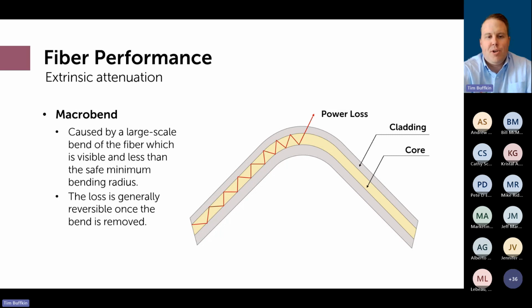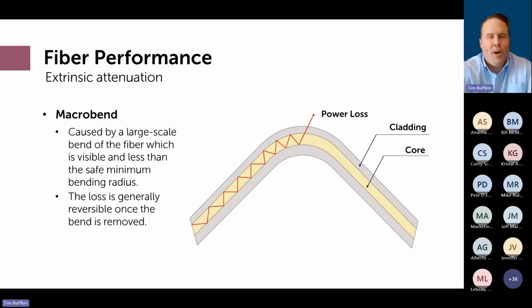The loss here is generally reversible once the bend is removed, but as you can see from the diagram, if you bend that fiber tight enough, you increase the angle at which the light is hitting the cladding, and then the light can no longer refract and bend back into the core, and it escapes through the cladding.